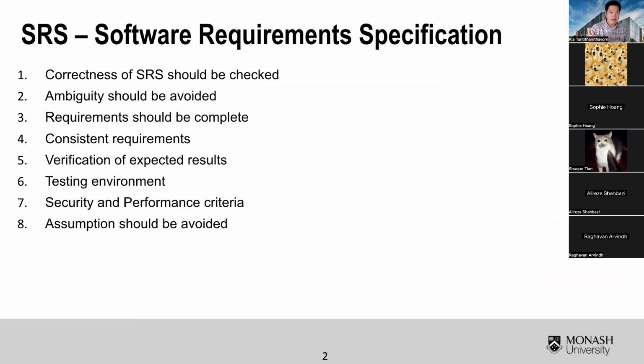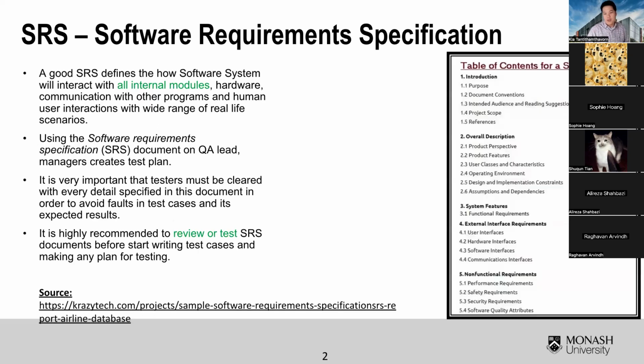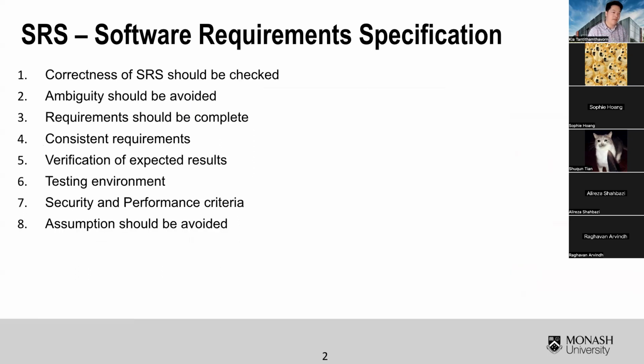For example, if in one part we say the software must be secure, multi-factor authentication is not required, but in the feature requirements the system must implement multi-factor authentication. That's a conflicting requirement. So when we do requirement specification and requirement elicitation, we need to ensure that it is correct and valid as well, right? That's part of the requirement specification. We need to verify whether the requirements are valid or not.